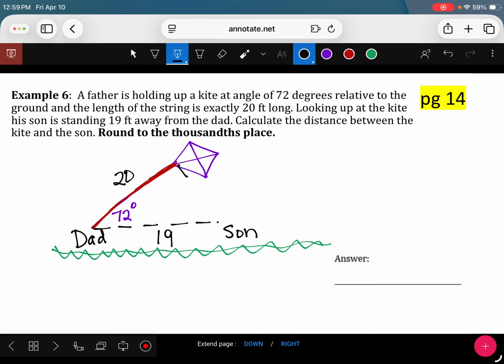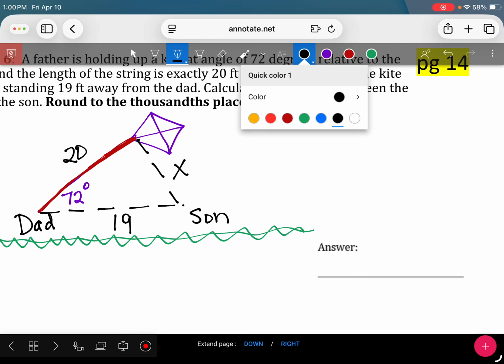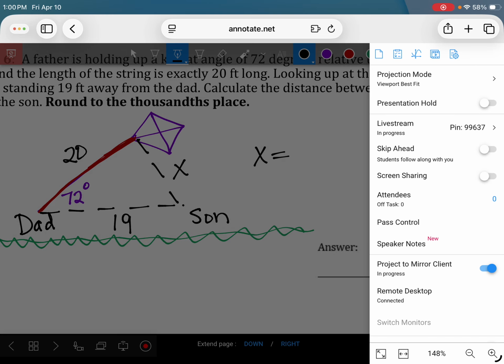And what we're trying to figure out is the distance between the kite and the son. So here's my kite, and this is the son. So this is what I'm looking for. Now, we can use the law of cosines, but because we're looking for a side, we can actually just type it in the calculator in one step, all under the square root. So x is going to equal, I'm going to go ahead and freeze my screen. You go ahead and do it.